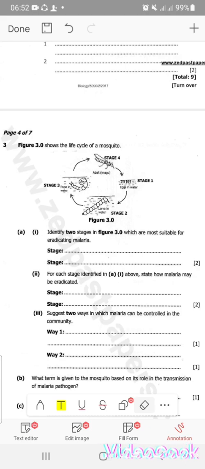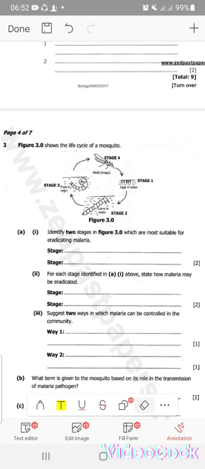Then apart from that, spraying the insecticide in stagnant water. And the other one is by spreading oil in stagnant water. Oil will prevent these larvae from getting oxygen from the atmosphere, and hence they will be suffocated to death.